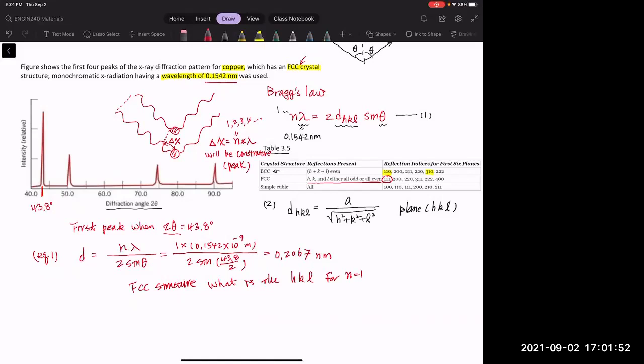You might have all 6, you might have some of them, and that tells you what our structure is. And if I look at this one, I know my first one should be 1, 1, 1. So that means this number is actually equal to D of 1, 1, 1.